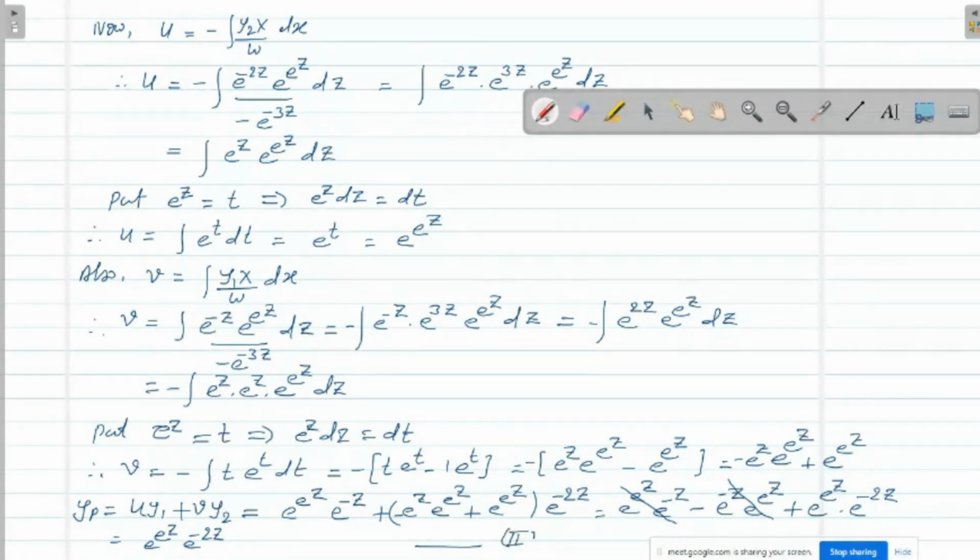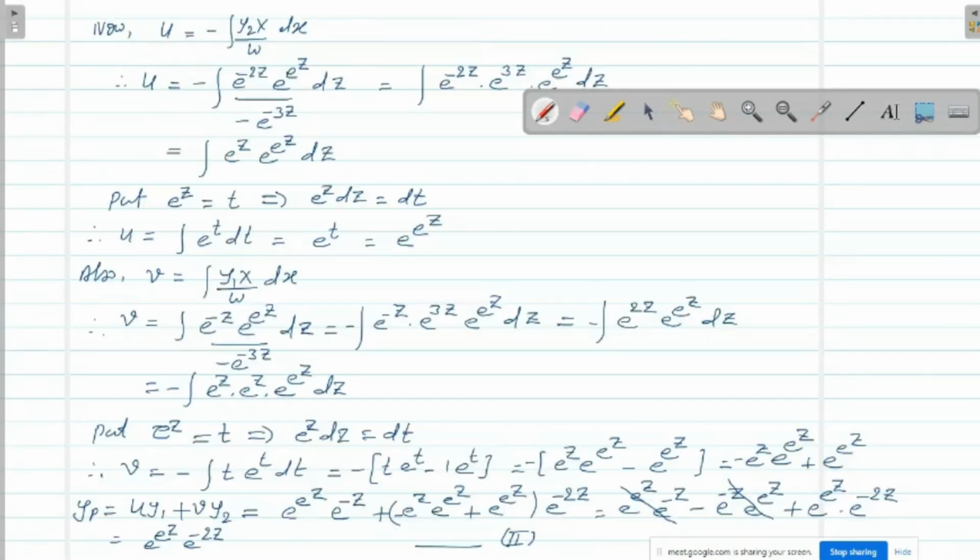Okay, now name this equation number 2. Therefore the complete solution is given by y equal to yc plus yp. Now add them.